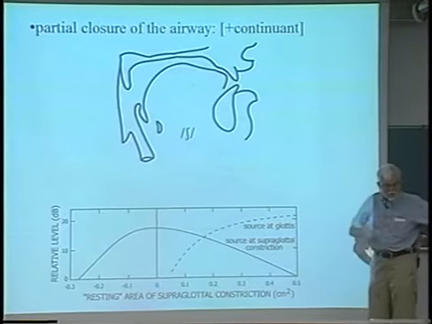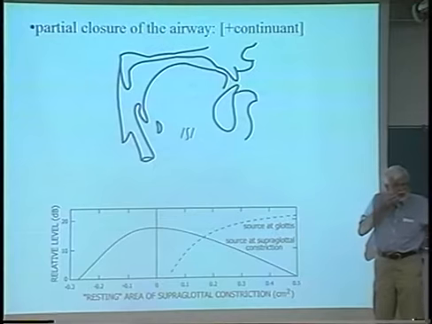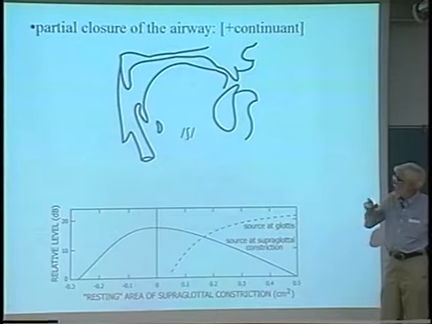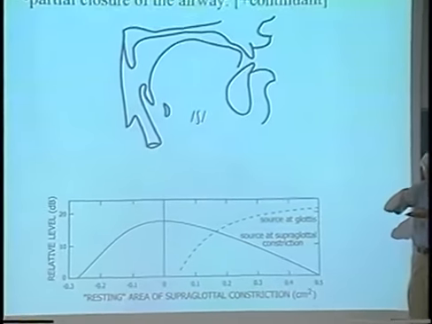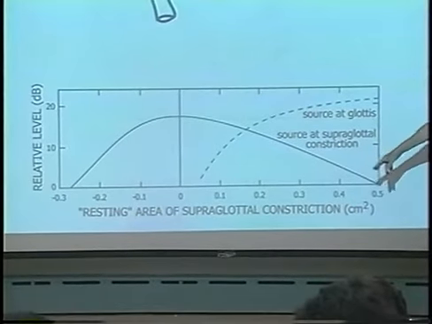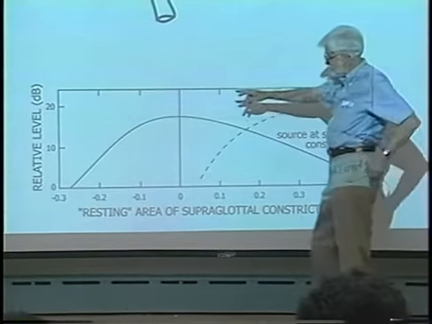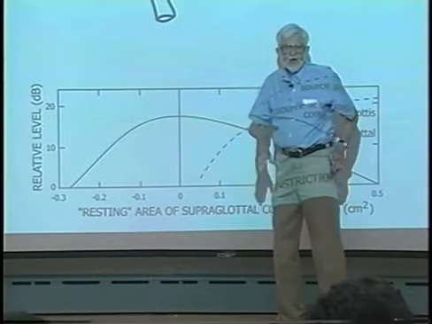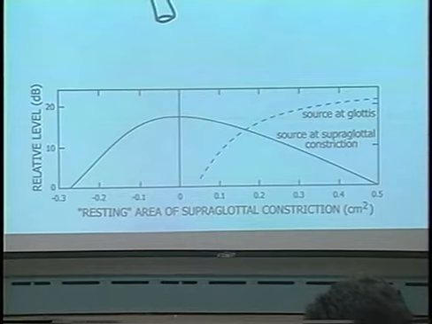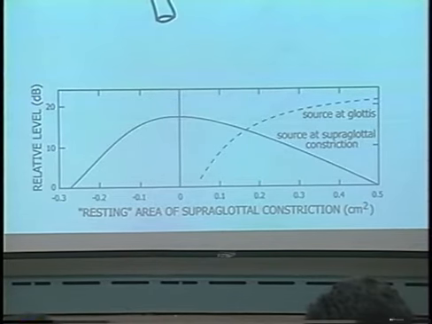When you make these consonants, you build up pressure in the mouth, and that pressure exerts a force on the articulator and pushes it open a little bit. So even when the resting area of the constriction is 0, the actual area might be some finite value. If you make a T very lightly without building up the pressure and then build up the pressure, it becomes a fricative because you've pushed the mouth open.